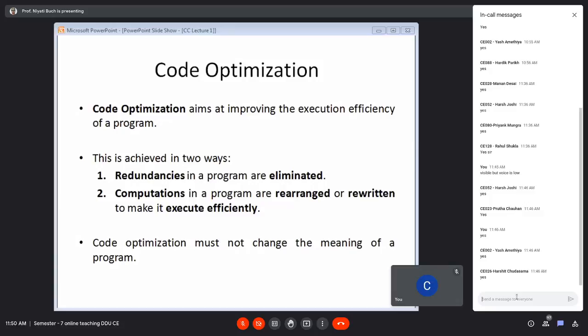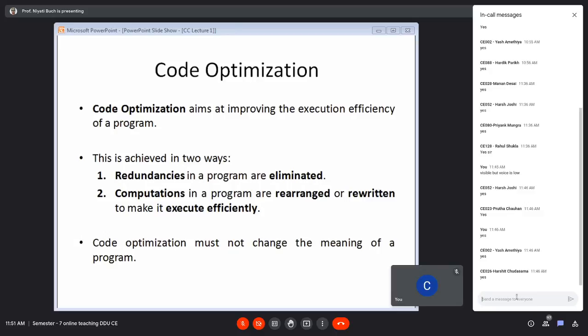Most compilers have this code optimization, in which redundancy elimination and rewriting of the code happen.